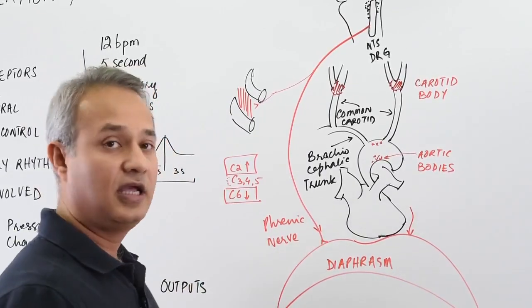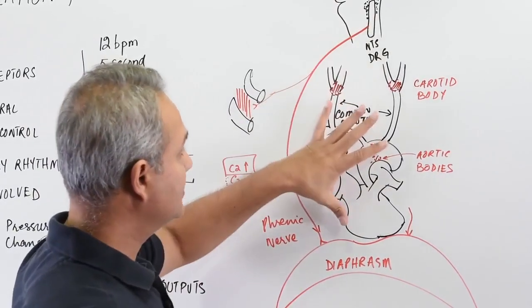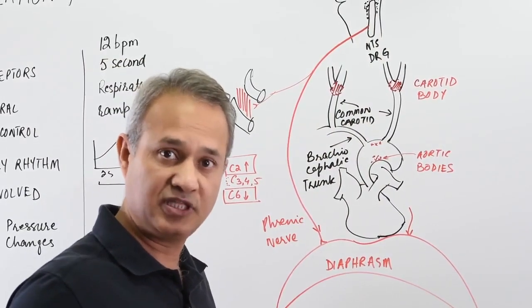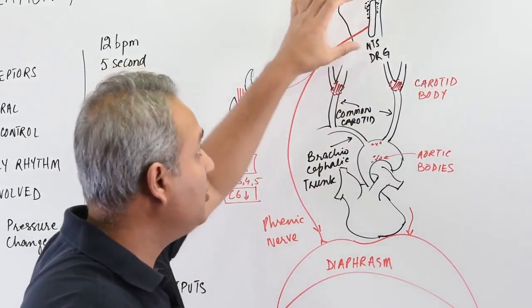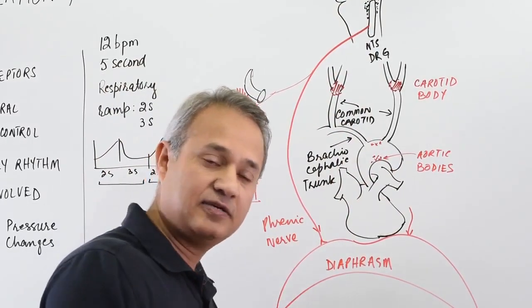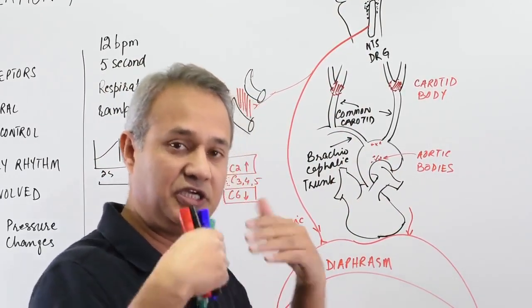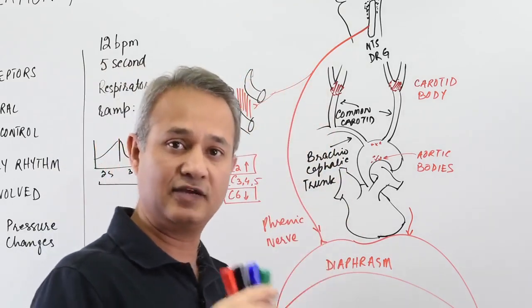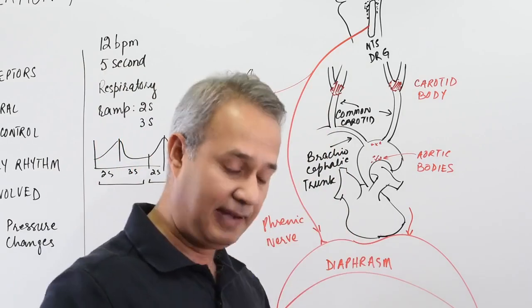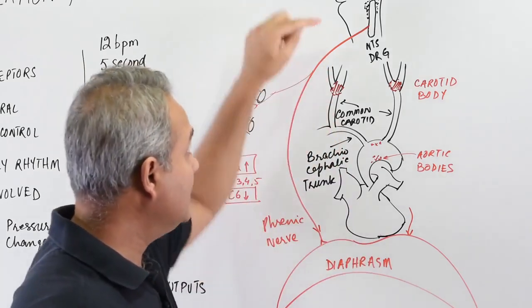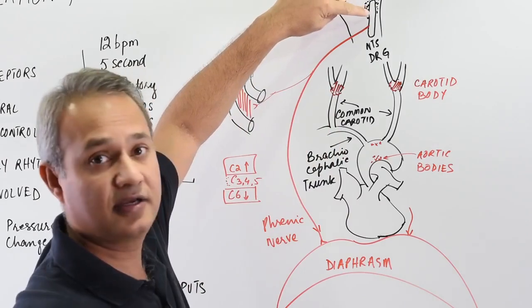So that is output. Now, can this system by itself work and keep us breathing? Yes, it can. Should we modify this system to change the breathing rate as the conditions in the body change? Yes. So remember, all the conditions in the body that would change the rhythm, depth or frequency are going to affect these nuclei.